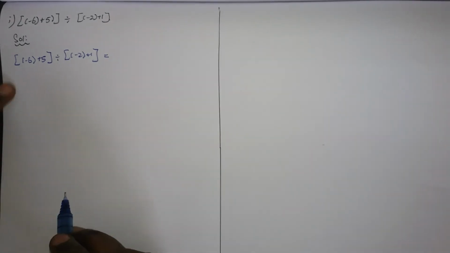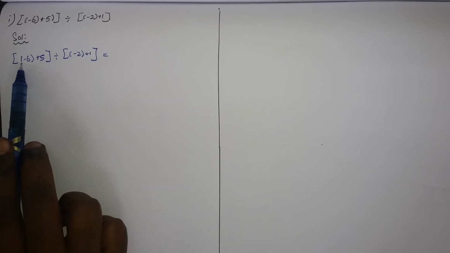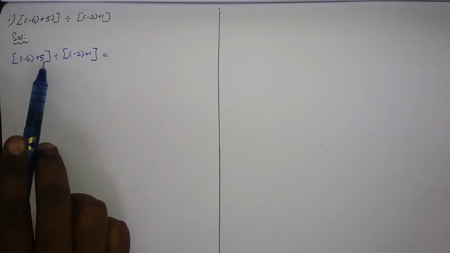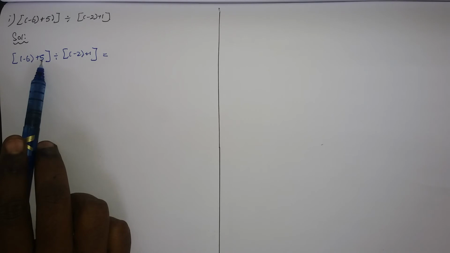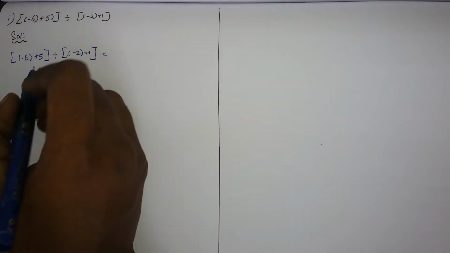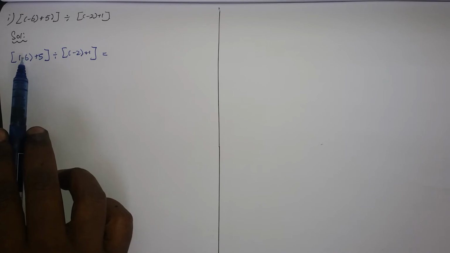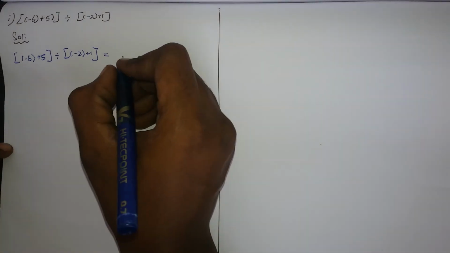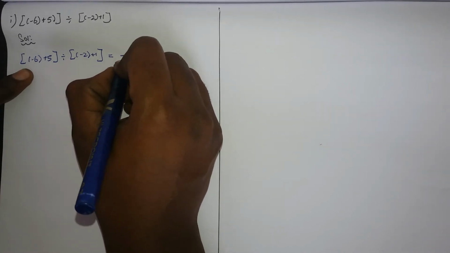So here I am going to solve the first bracket part, that is minus 6 plus 5. Minus plus is minus. So 6 minus 5 is 1. My big number is 6, so the symbol before it is minus. So my answer for the first bracket will be minus 1.